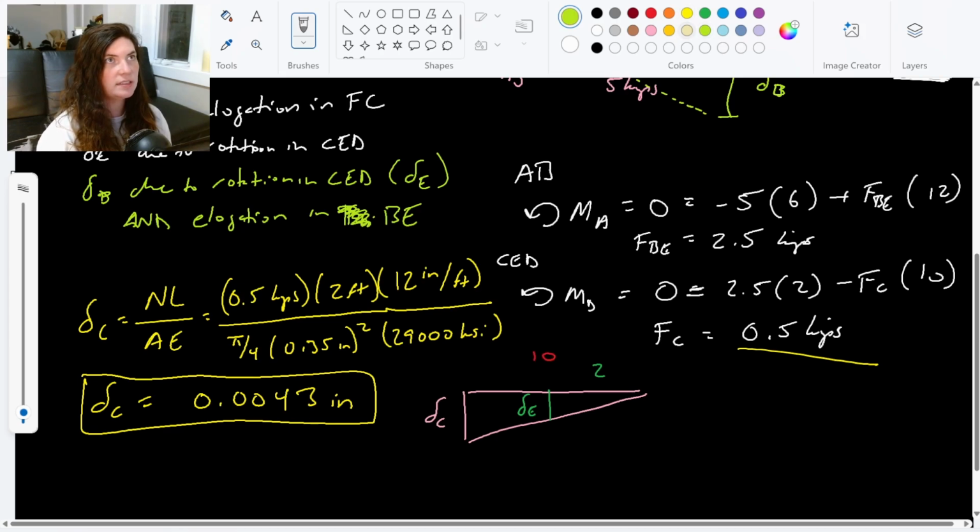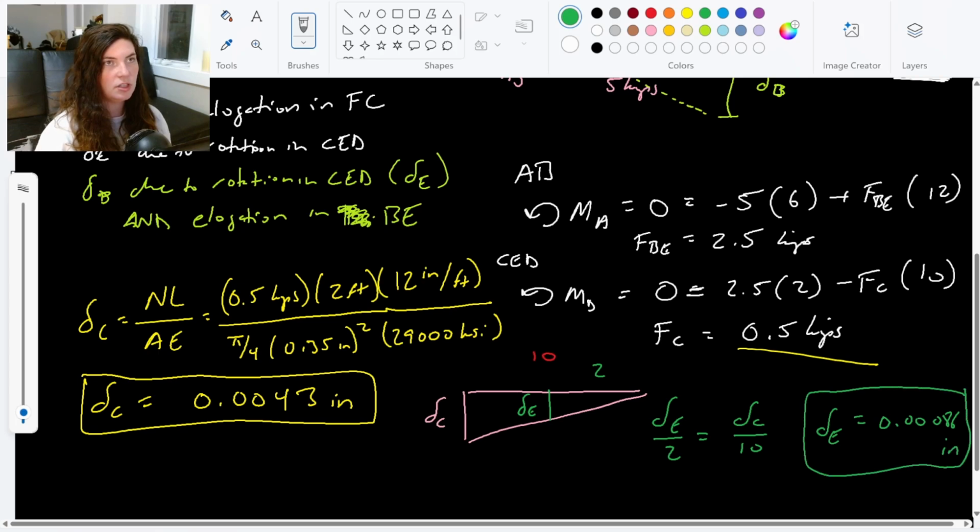So I get delta E over 2 equals delta C over 10. My delta C is 0.0043 inches, so delta E equals 0.00086 inches, just from the ratio of triangles there.